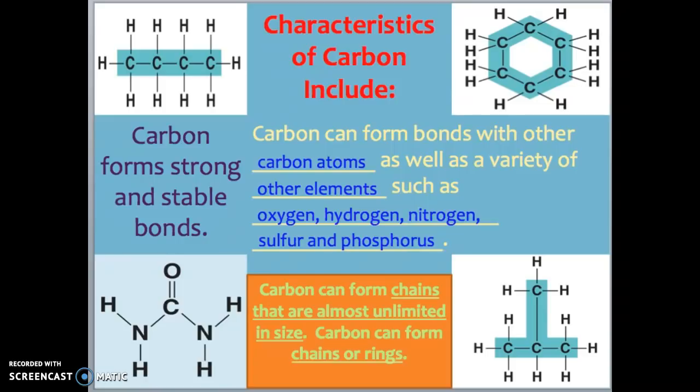Carbon can form bonds with a variety of other elements, and biologically it tends to form bonds with oxygen, hydrogen, nitrogen, sulfur, and phosphorus. When it does so, it can take on a different number of shapes, including rings or chain structures or other three-dimensional shapes.